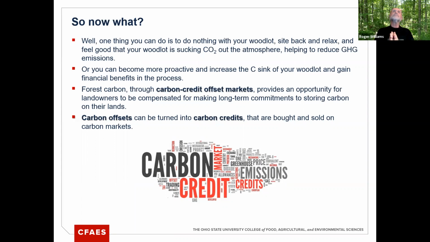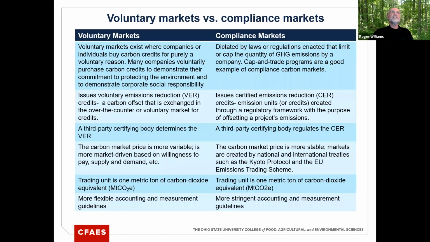Your forest is actually producing a product that maybe you didn't realize you had in your woodlot. Carbon offsets can be turned into carbon credits that are bought and sold on carbon markets. All right, let's go through this.